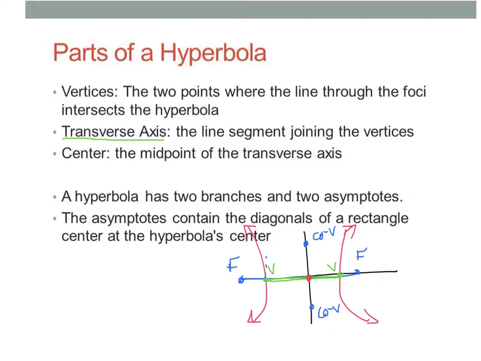If I drew in a rectangle that contained the vertices and co-vertices, and then drew in the diagonals of that rectangle, those would be the asymptotes of my hyperbola. So if we have this rectangle, then we can draw these asymptotes. We know where our hyperbola is headed.